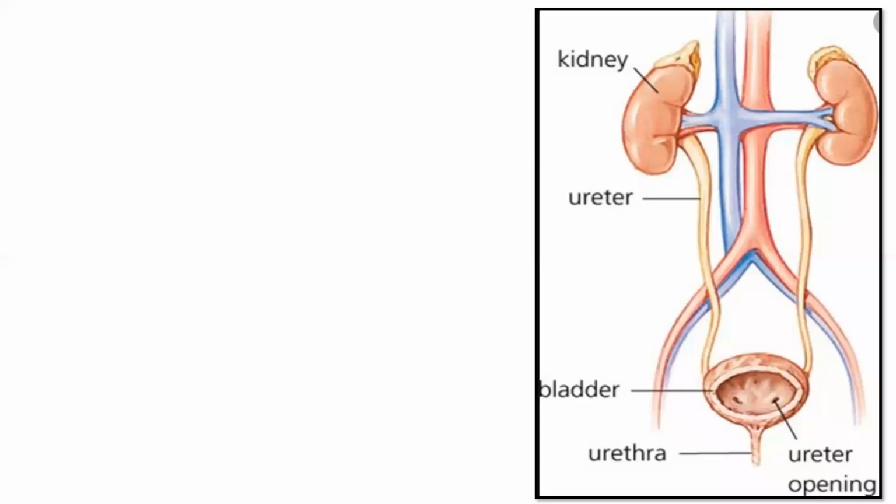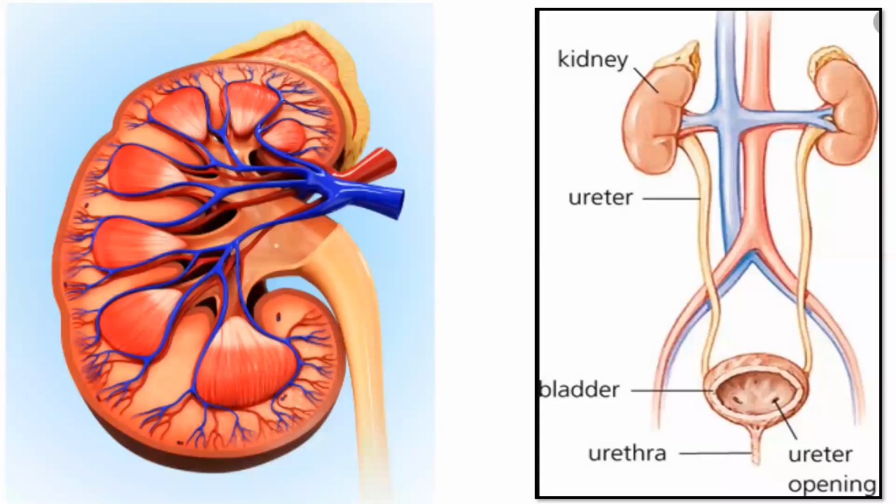So all the labelings which we have just studied are given very clearly even in the second diagram which you are able to see. Now let's deep dive into a single kidney and let's understand how does the kidney function and how does it look like. Till then, I really want you to observe nicely this diagram. What is given?